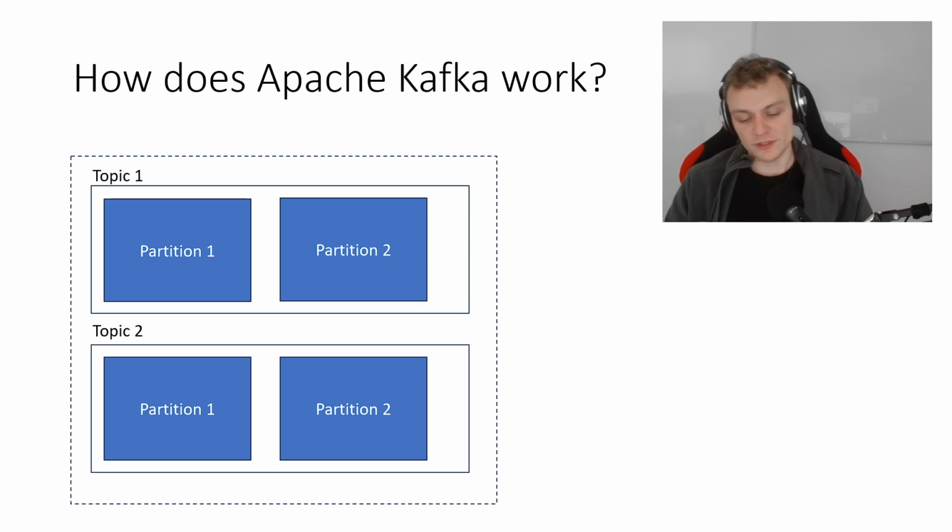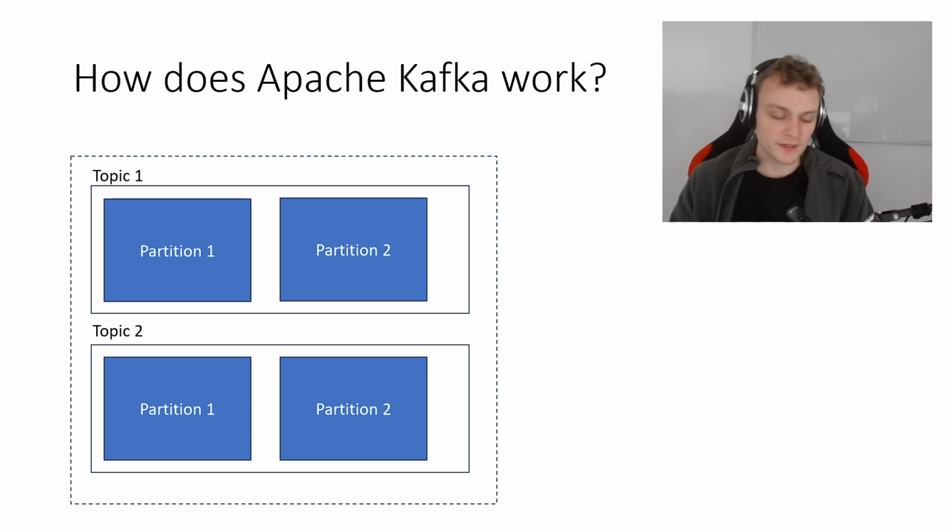For example, there could be a partition for messages that start with A and go to the letter T, and then partition 2 would go from letter T onwards. And this can also be for other topics, the same thing. Similarly, if the topic would be cars, then partitions could be different brands.